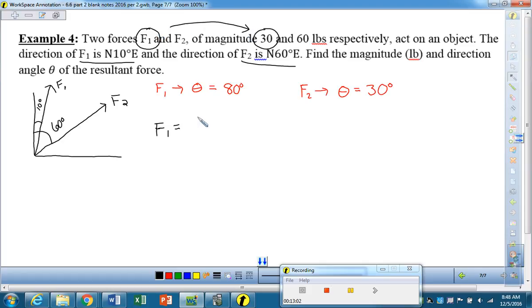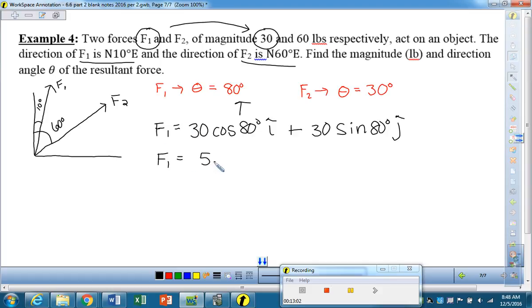So our ij vector for force 1 is going to be 30 cosine 80 degrees i plus 30 sine 80 degrees j. We're going to put these into our calculator. If you type these in, we should get 5.2i plus 29.5j.